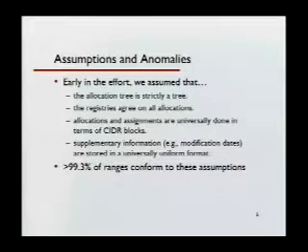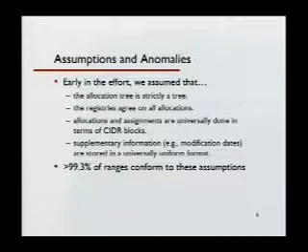We made some assumptions about all of these ranges. One, the allocation tree is strictly a tree. There are no overlaps in ranges such that you can't determine which range is higher in the hierarchy than another. That is not true in all cases. We assumed that the registries agree on every allocation. That's mostly true, but it's not true in all cases.